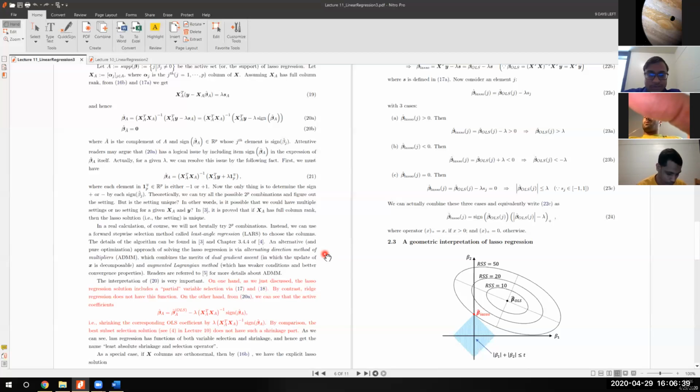If we have a separable function in the objective function of an optimization problem, and we want to solve those separable functions individually and combine the solutions together, then ADMM counts.